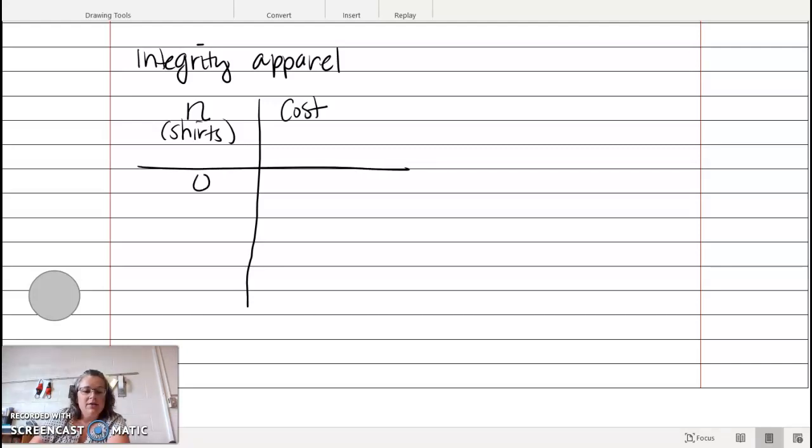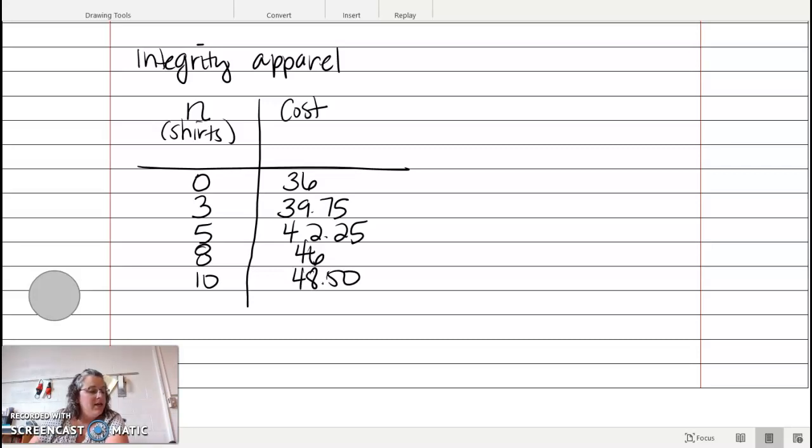Let's say if you get 0 shirts, Integrity Apparel is going to charge you $36. If you get 3 shirts, it's going to charge you $39.75. 5 shirts, $42.25. 8 shirts, $46. And then 10 shirts is going to be $48.50. Now, I've got some questions for you that I would like you to answer on your own, and we'll talk about that when we come back.